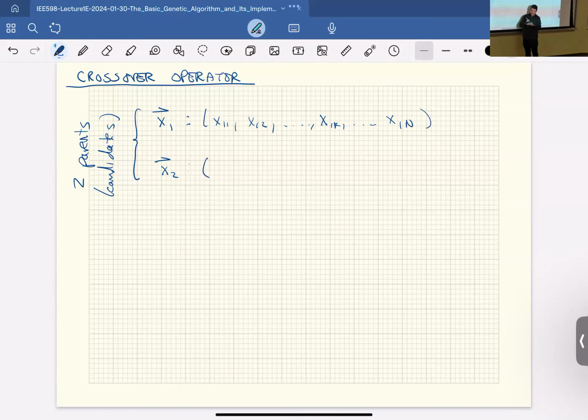And then this one similarly is x21, x22, all the way up to x2k, all the way up to x2n.